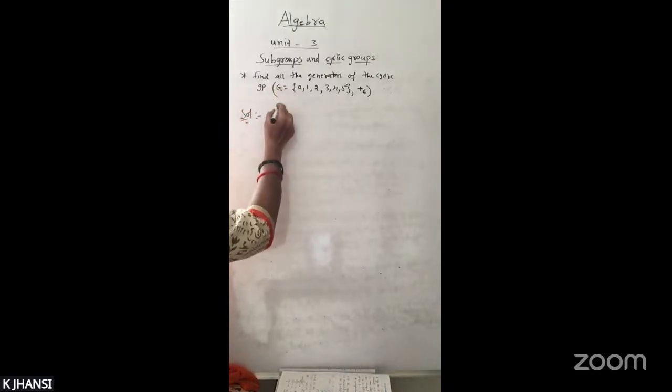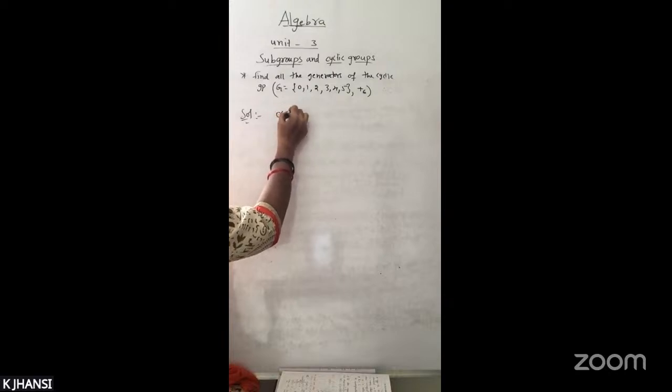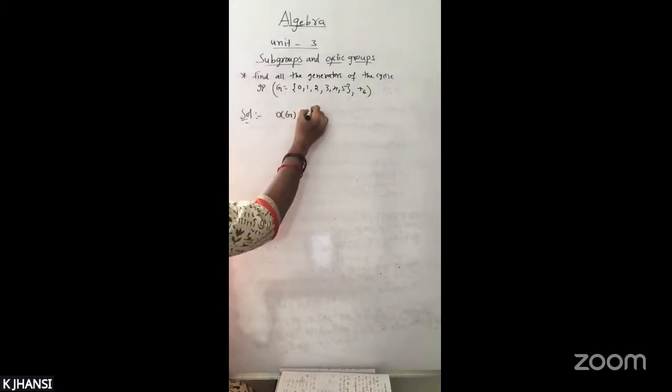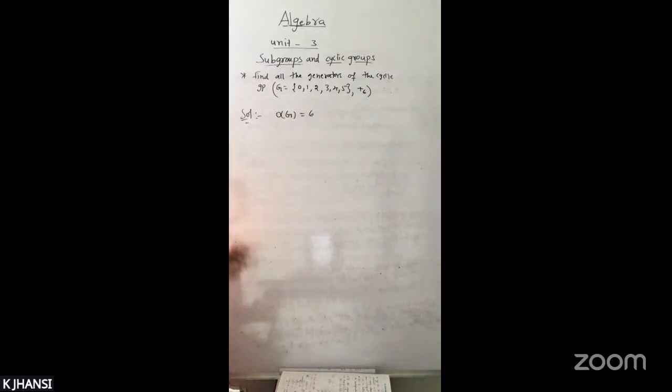So here, let us see the order of G. The order of G is the number of elements present in this group: 1, 2, 3, 4, 5, 6. So here the order of G is 6. Okay, whenever it is multiplication, we have done the integral power of that element.